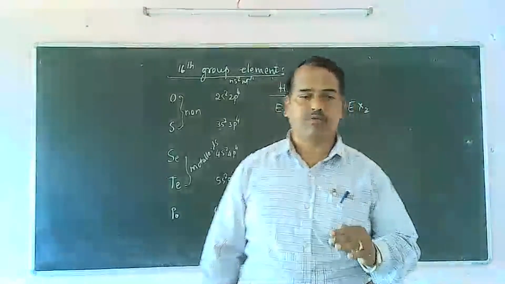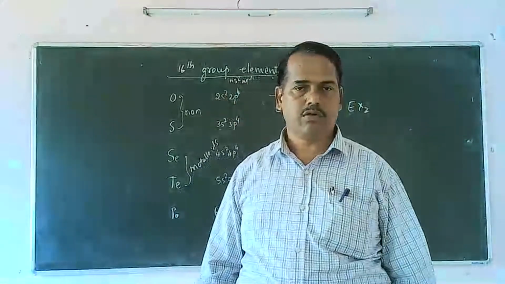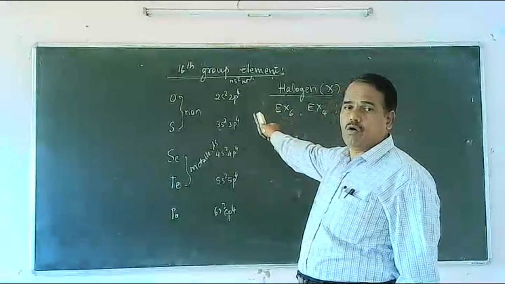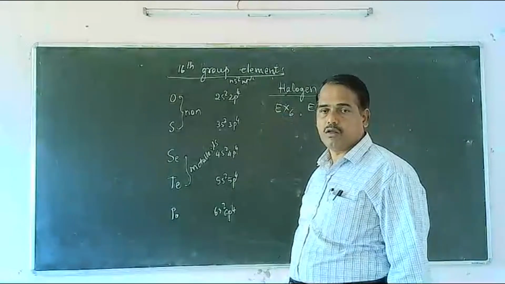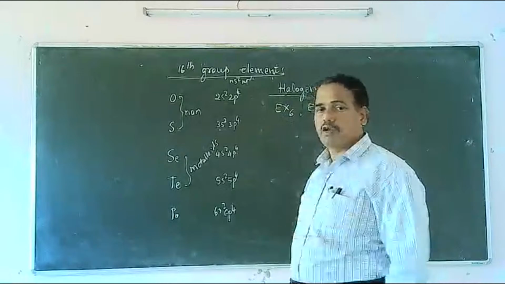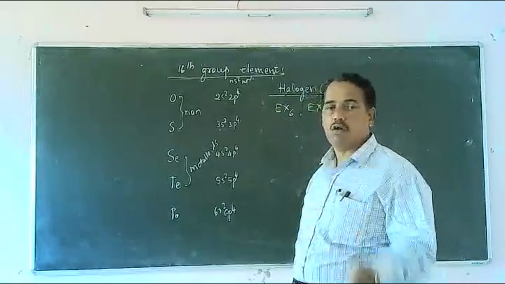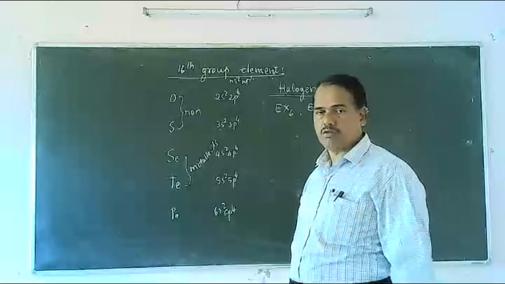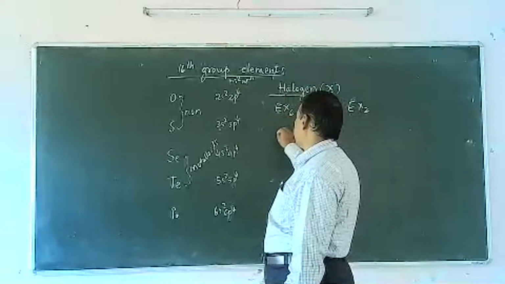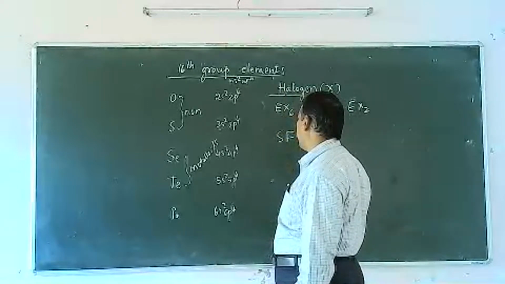So with the halogens, they form several compounds. For example, hexa compounds are octahedral in nature. So SF6, which is beyond the octet rule, which violates the octet rule, but they are stable. This is nothing but sulfur hexafluoride.